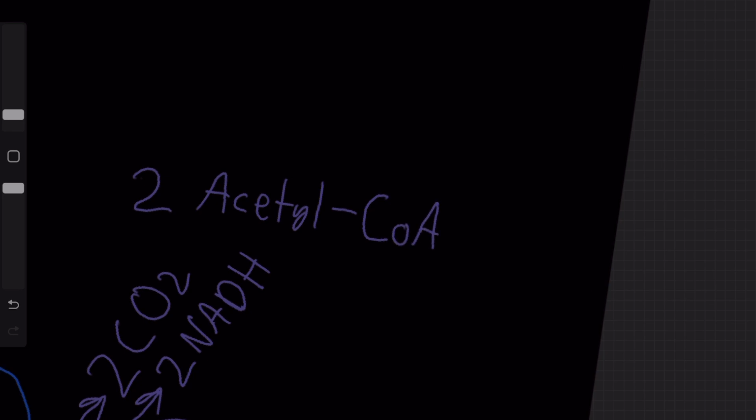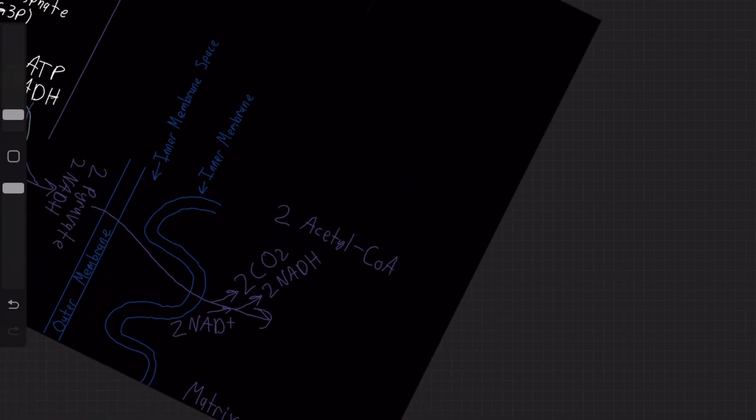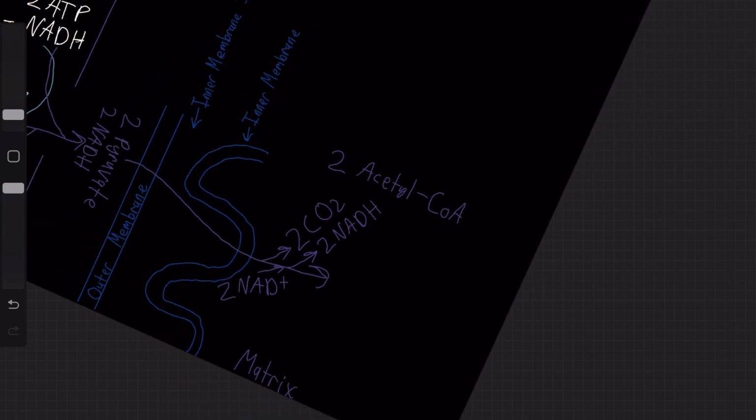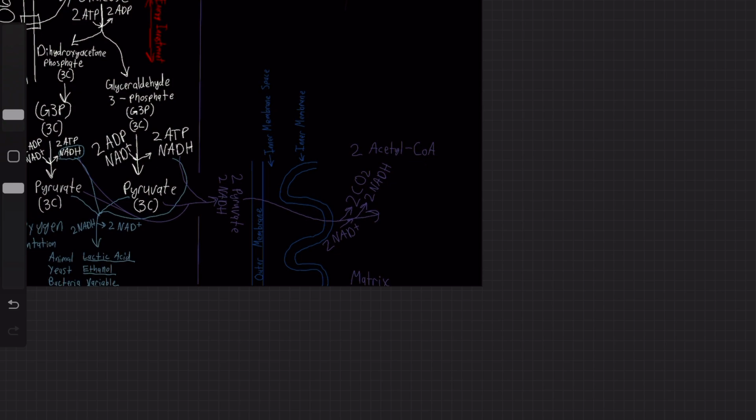I don't think he told us in class, but CoA also stands for coenzyme A. Maybe he did, maybe he didn't. So now we can look at this, and we already know that somehow these 2 NADHs from glycolysis will also enter the matrix.